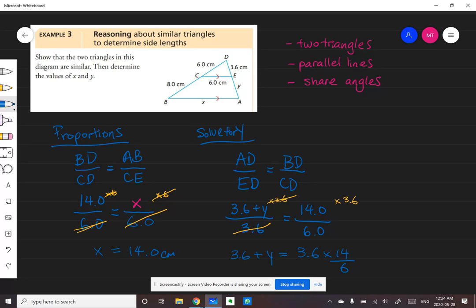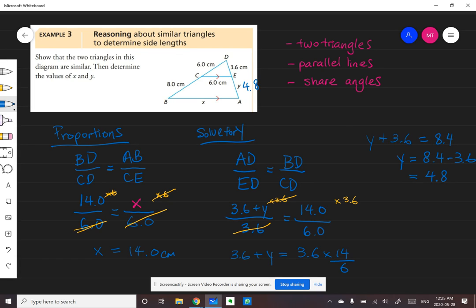And if I calculate the right side there, I'm going to get 8.4 equals y plus 3.6. So I'm going to isolate the y and do 8.4 minus 3.6. And in the end, I'm going to get 4.8 units.